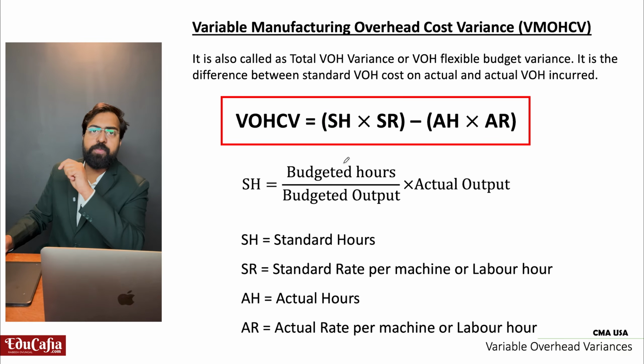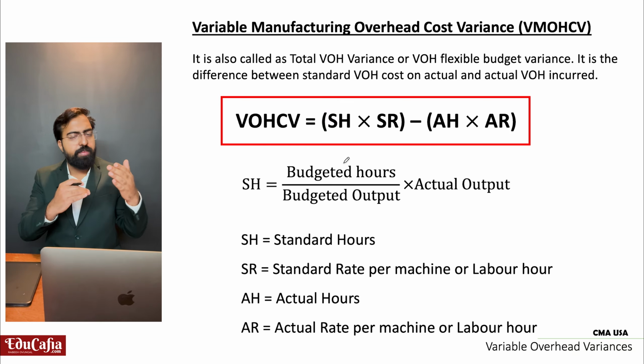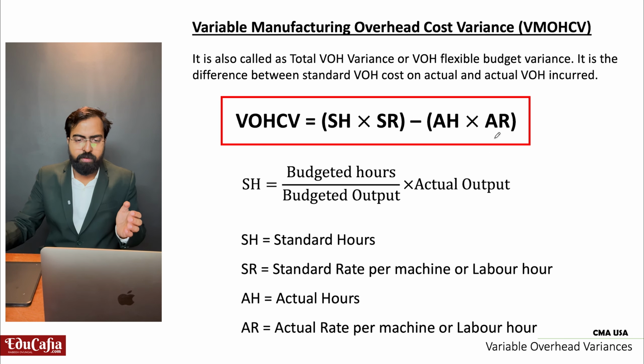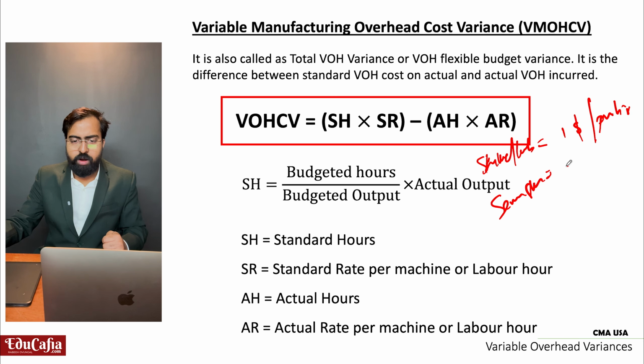In labor, whatever cost is given for skilled labor and semi-skilled labor, for example, skilled labor is $1 per hour and semi-skilled labor is $0.8 per hour.